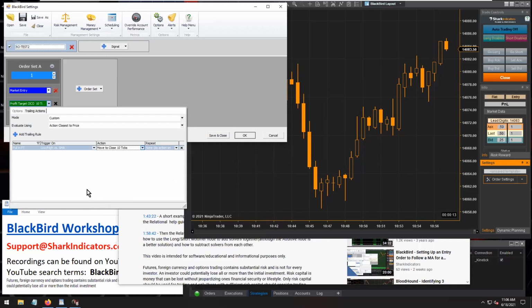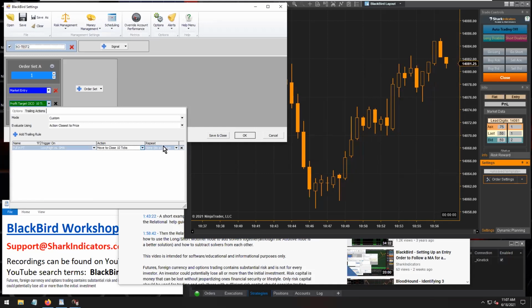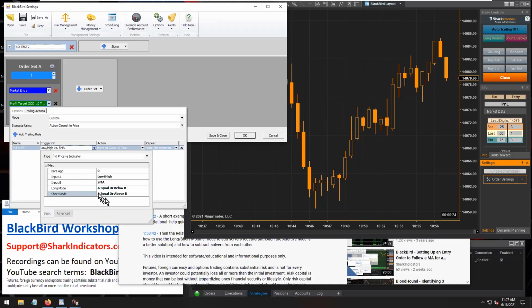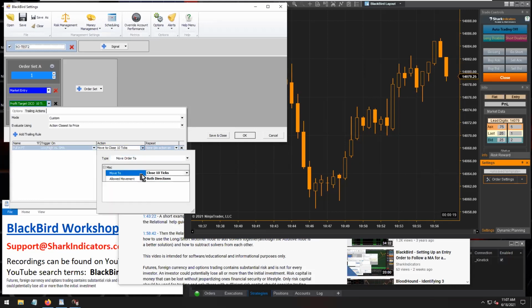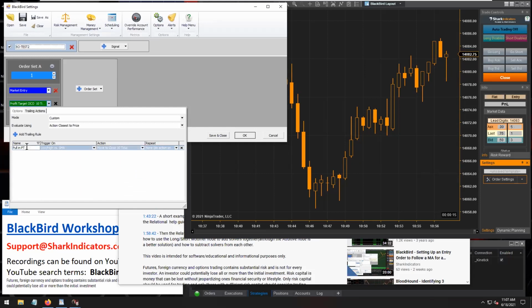And then that's it. Since Edward only wants the profit target to pull in just one time, that means there's no repeat. Once this pullback condition happens, the profit target is moved and this trailing rule is done and over with.